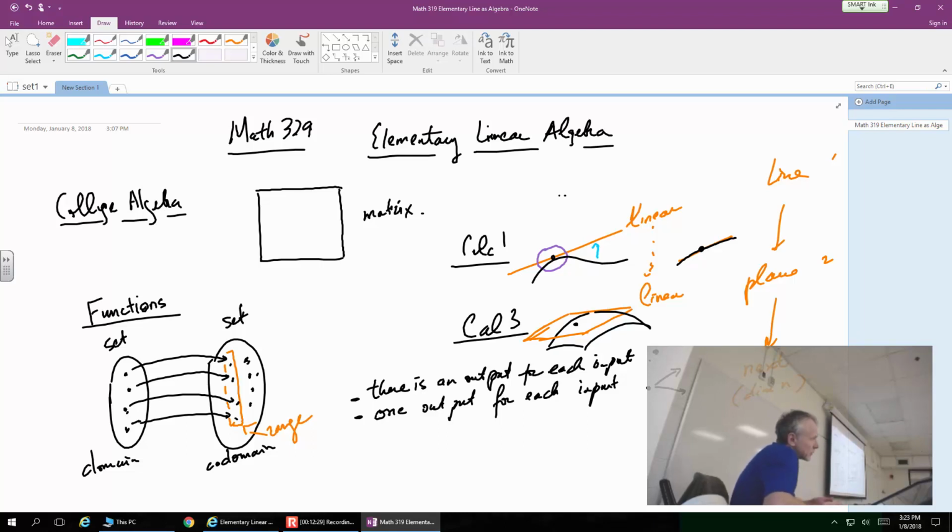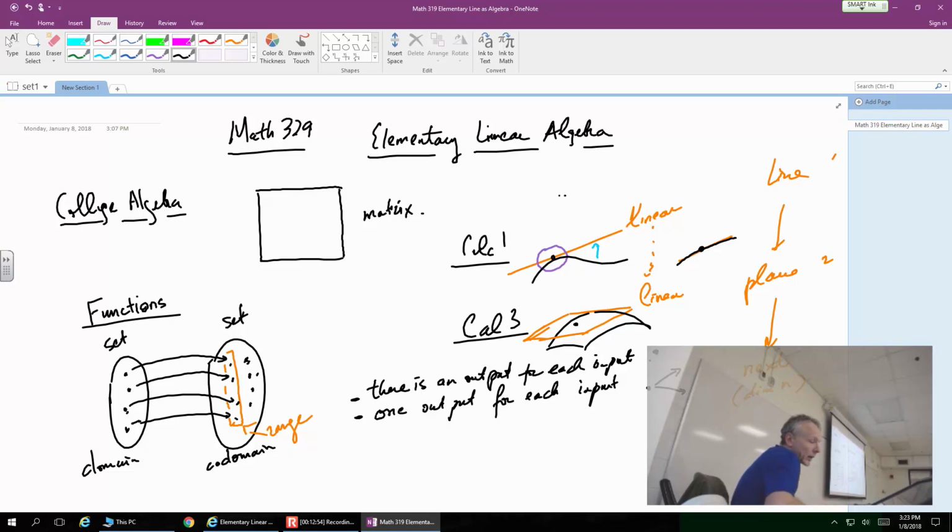There won't be any division. There might be some square roots closer to the end of the course, but other than that, the domain is not a concern. The operations that we stick with in linear algebra are addition, subtraction and multiplication. There is no division, no logarithm, no trig functions, and so on.